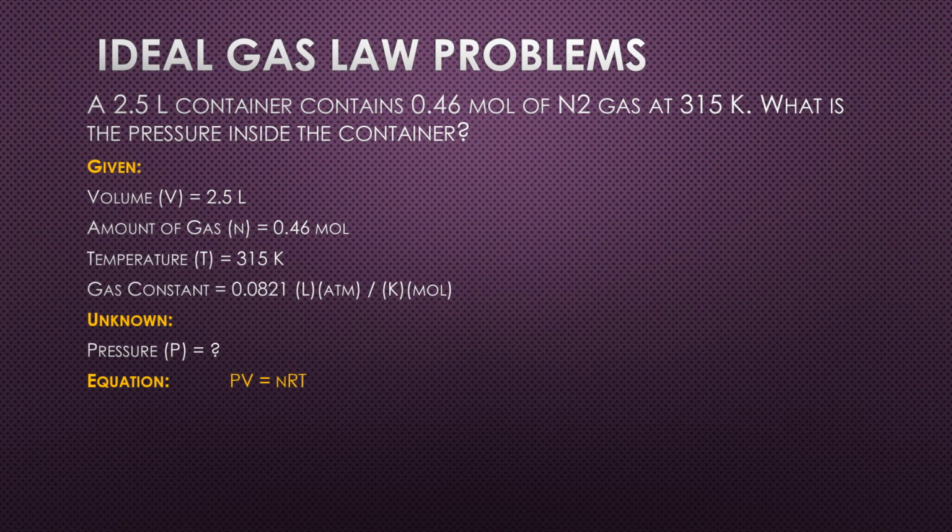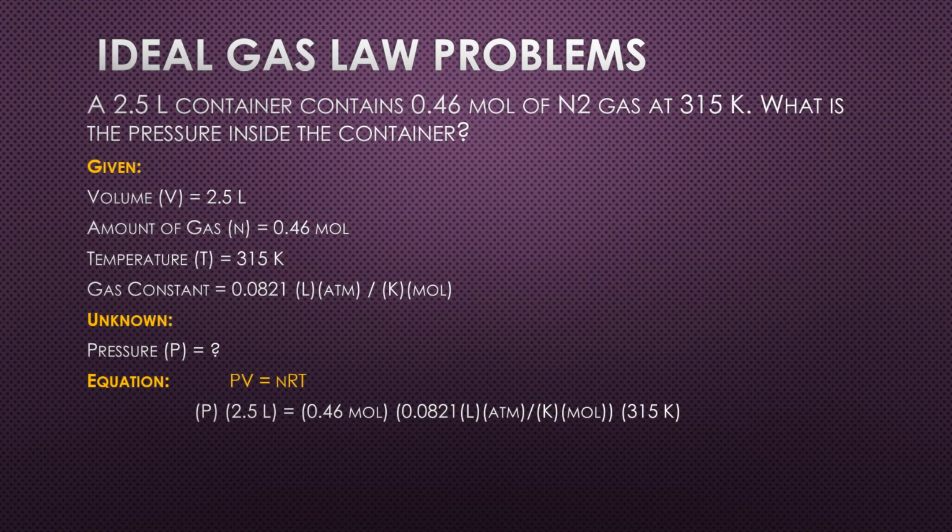All we have to do is plug in the numbers. Now, we need to find the pressure, which is on the left-hand side of the equation right now. We want to make sure that whatever we are finding, that's the only thing we have left on one side of the equation, and everything else moves to the other side.